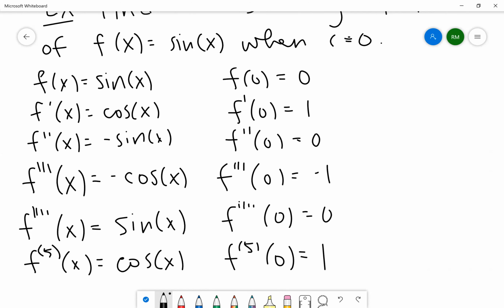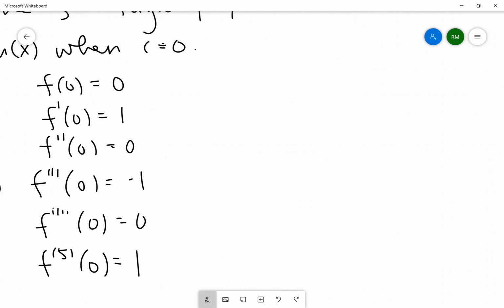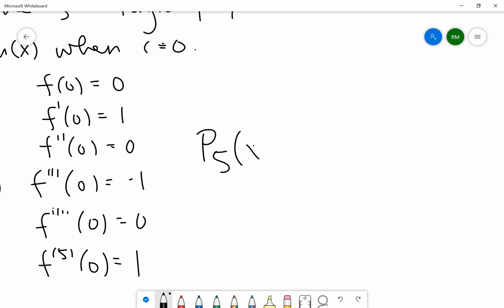So what this tells us is that our Taylor polynomial, which we're going to call P5 of x, is 0 plus 1 times x. So this is over 0 factorial. This is over 1 factorial.